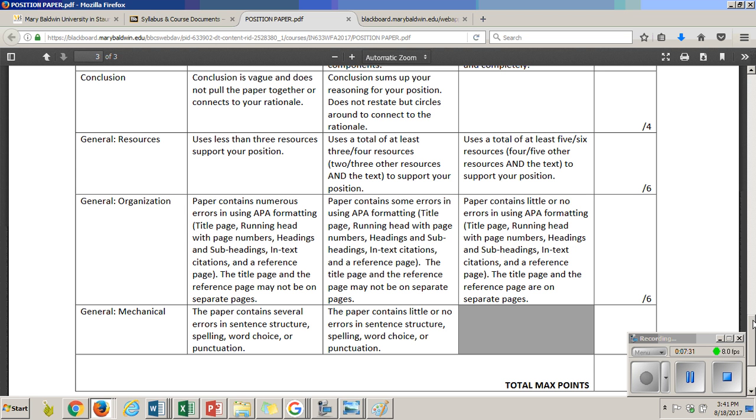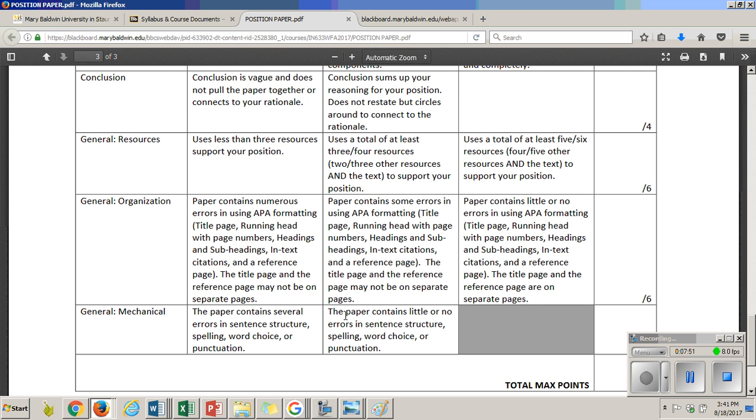I'm looking at the range of the different resources that you have. I'm also looking at your APA, with little or no errors, and that you have all of the different parts of a scholarly paper. And then I'm looking at the structure of your paper, your writing abilities.